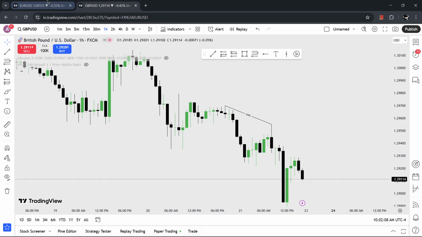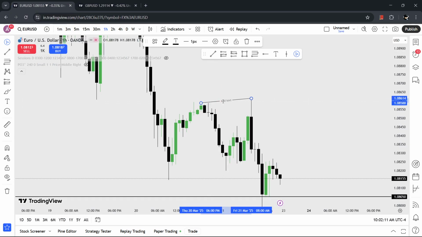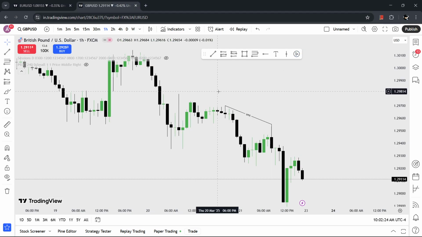So I think you understand what I have told you till now. We created an SMT with this high to this high, that is the New York high, but in GBP the market was not able to go up high here, which shows weakness in this market.